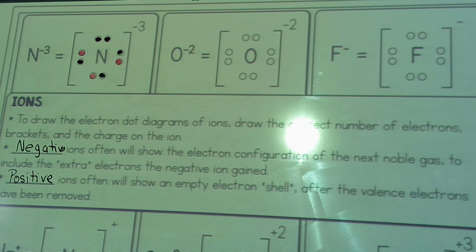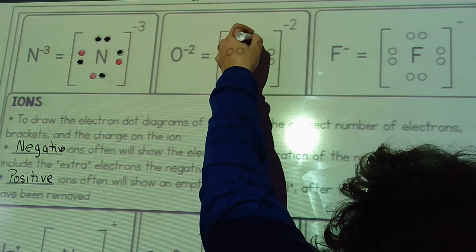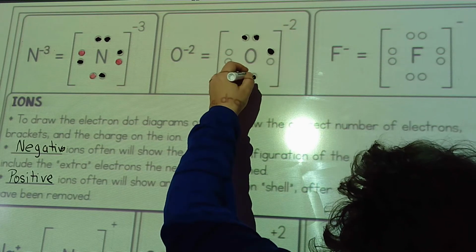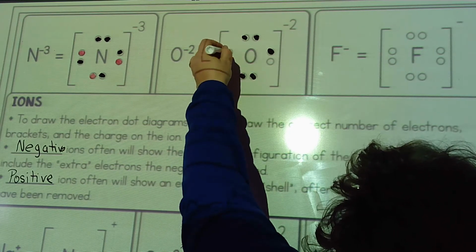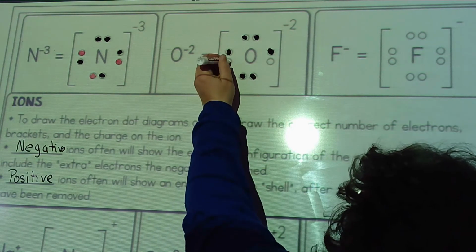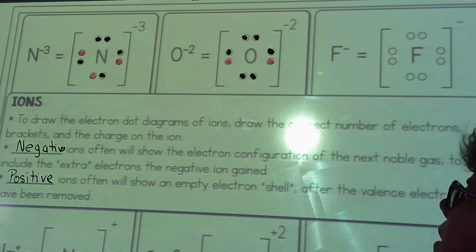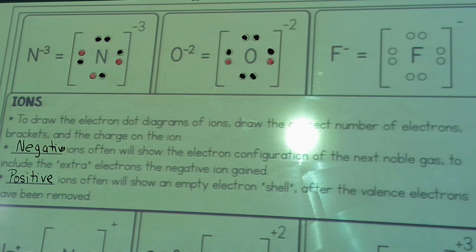Same thing here with oxygen. It starts out with 6 valence electrons. You can evenly space there. It will gain 2 more to get that nice 8 valence electrons, which gives it a -2 charge.